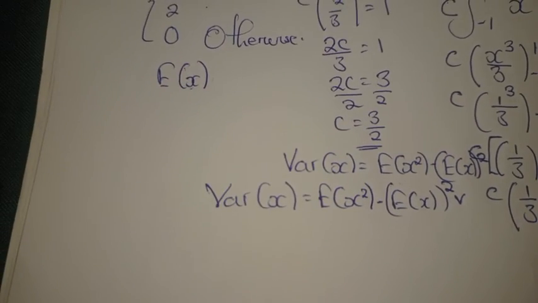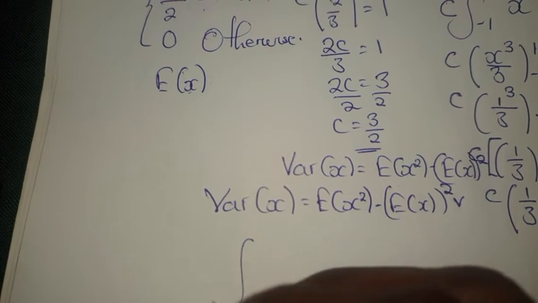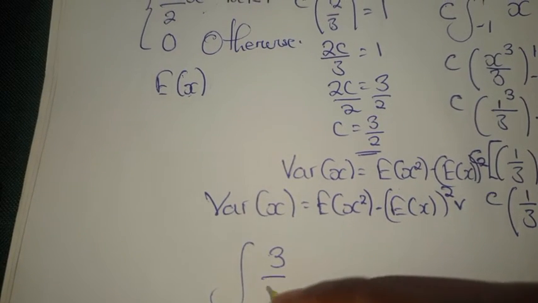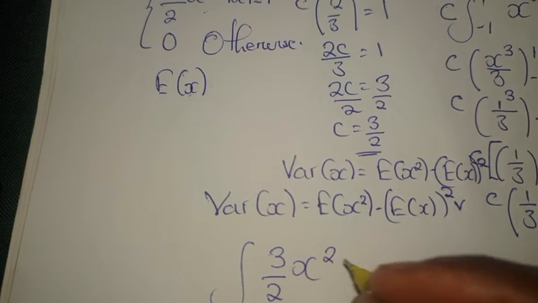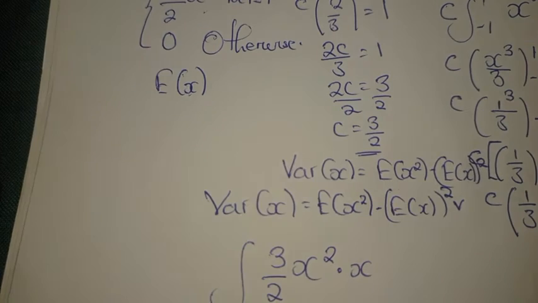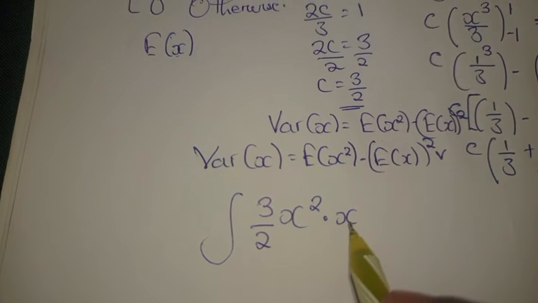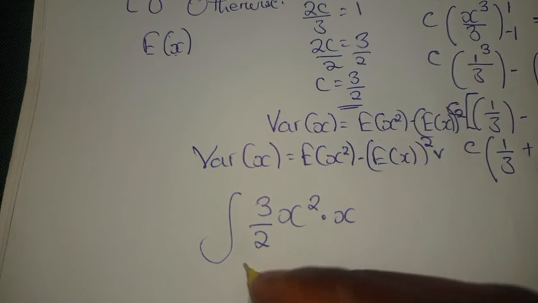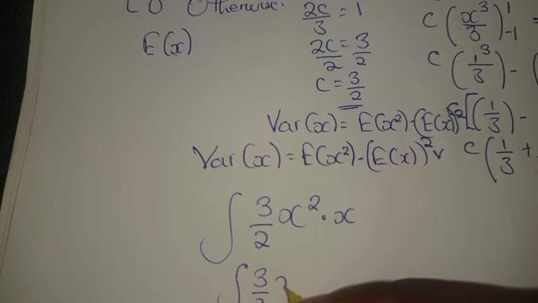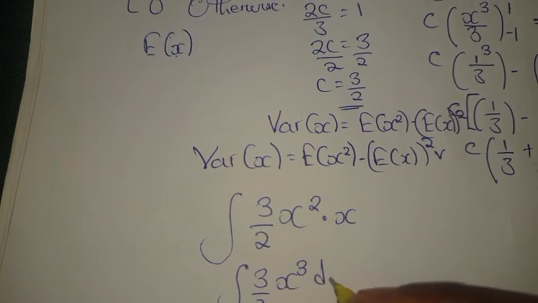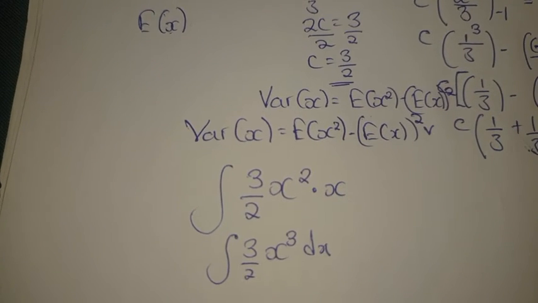So if we multiply that expression with an x, we have the integral of 3/2 x squared multiplied by an x, so x times that, we have the integral of 3/2 x to the power 3 dx. So now we can continue.